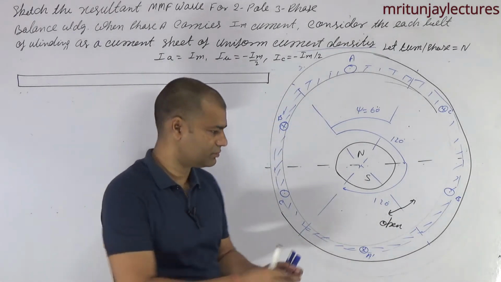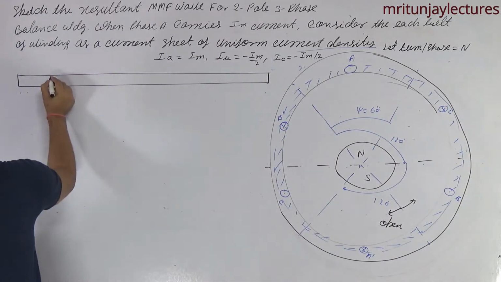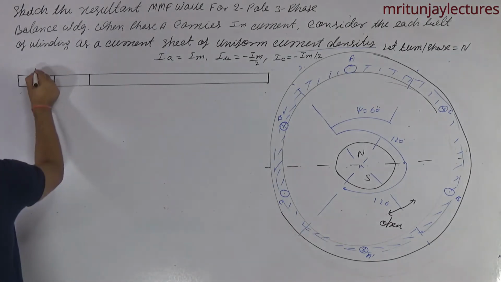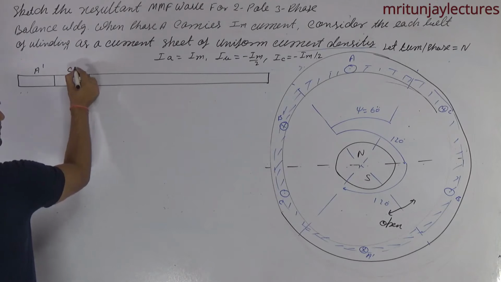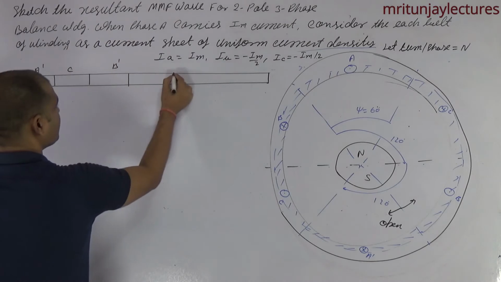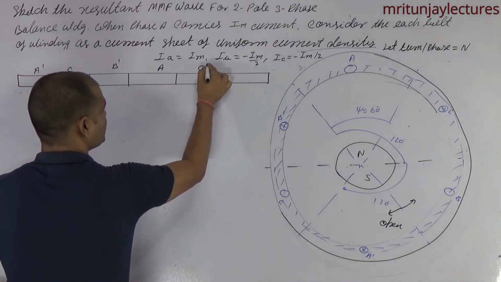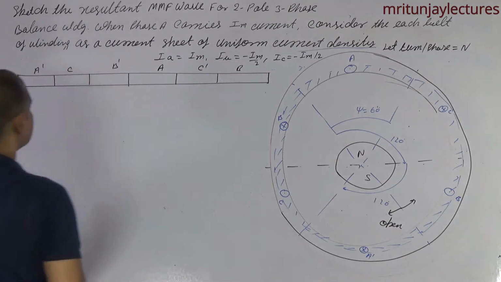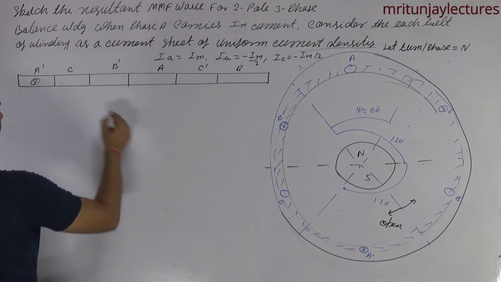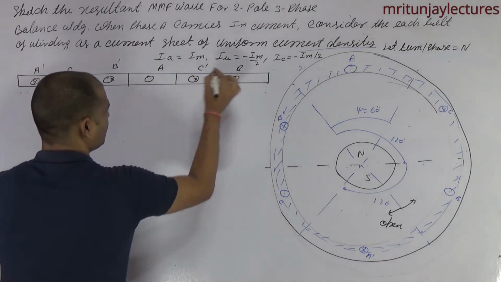Now this machine is represented like this: A dash, C, B dash, A, C dash and B. In a balanced winding, cross dot cross dot cross dot. Clear?